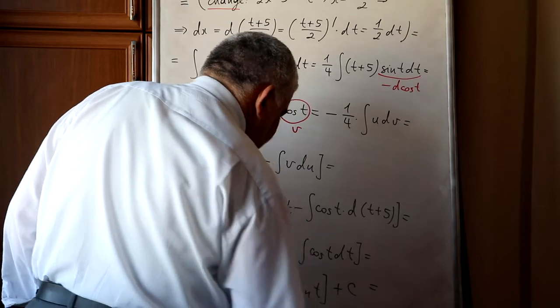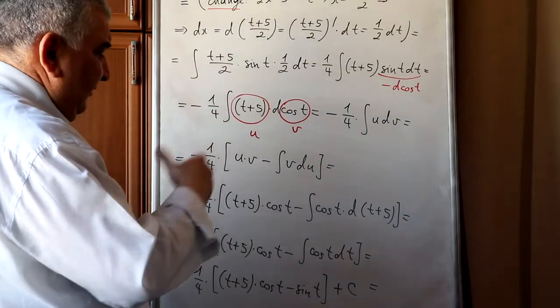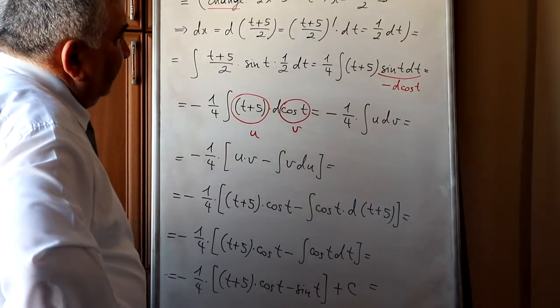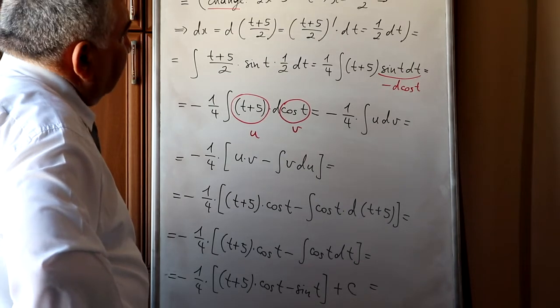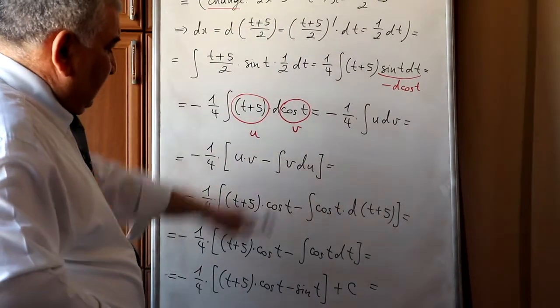Then return to the previous variable x, and substitute 2x minus 5 instead of t here.